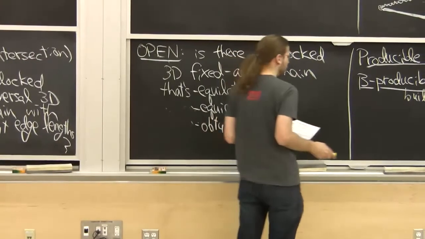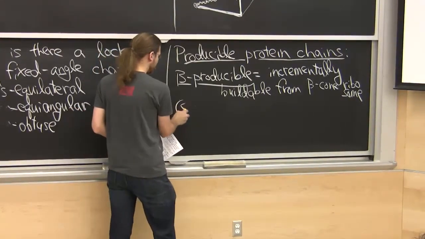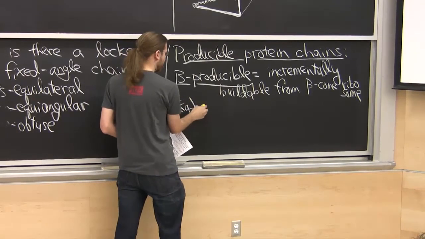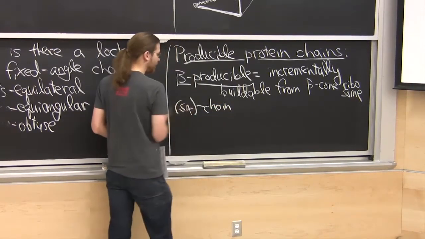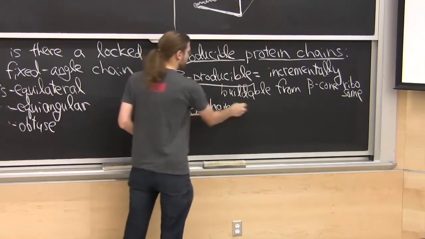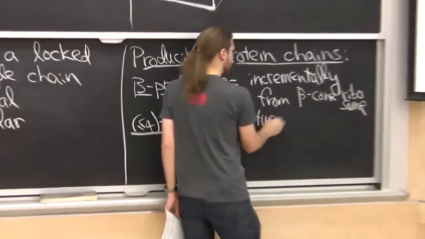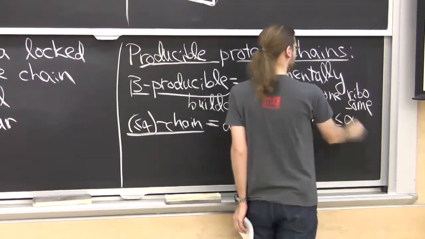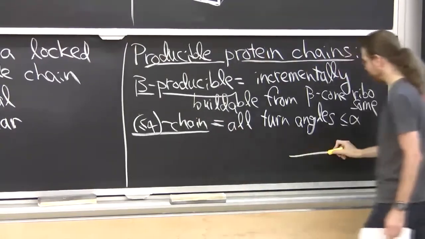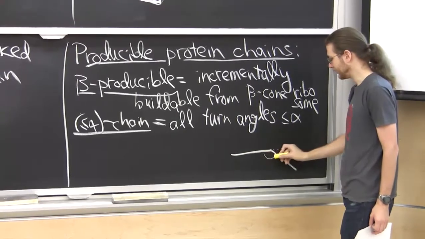All right. One thing we can talk about is angles. I'm going to call a chain a less than or equal to alpha chain if all the turn angles are less than or equal to alpha. I don't know if I've used turn angles in this class. Probably. If I have two edges, the angle would be this.